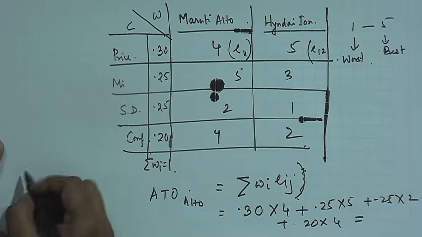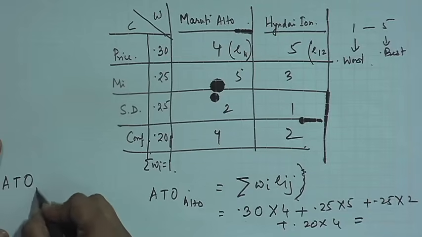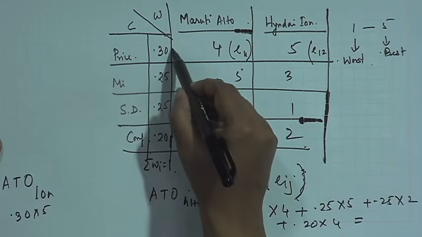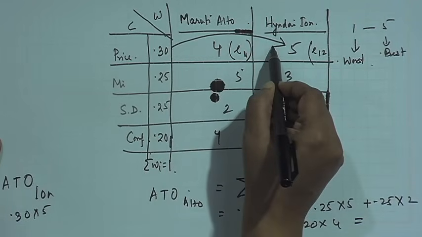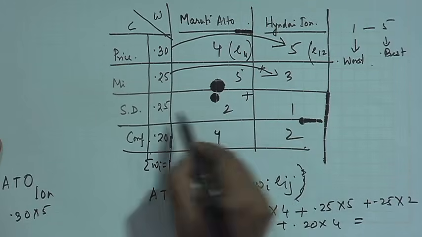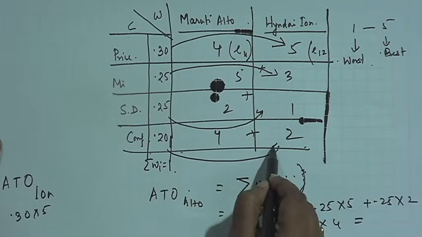Similarly, I can find the attitude towards object for i10. For i10, I will write 0.30 into 5, because now I have to multiply this into this, then plus this into this, then plus this into this, then plus this into this.